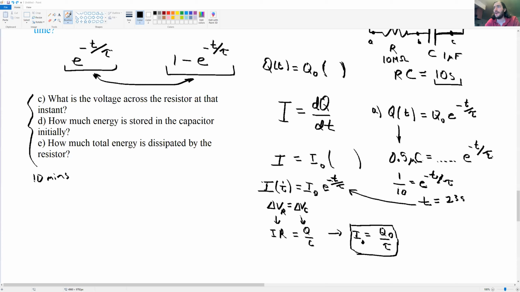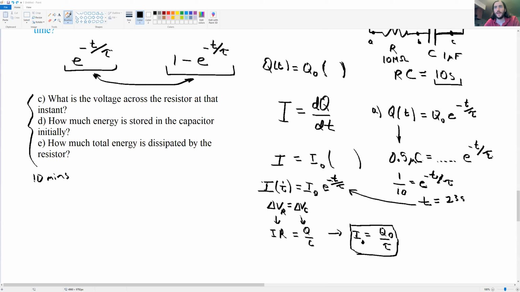So, also 1/2 Q times V works. So 1/2 Q squared over C, 1/2 Q times V, and there's one other formula. I'll go ahead and fill in that one for you guys. 1/2 CV squared. Those are the 3 formulas you can use to get the energy stored in a capacitor.